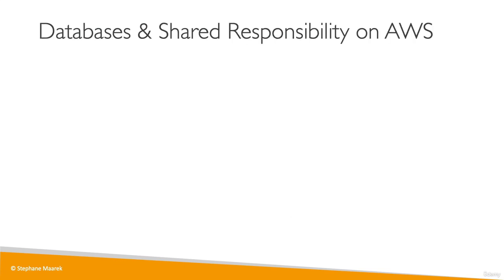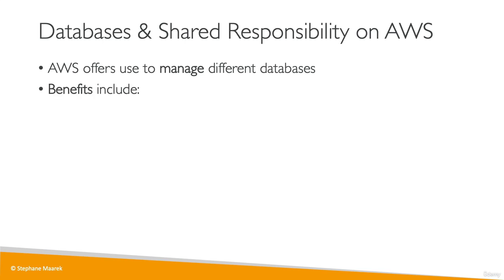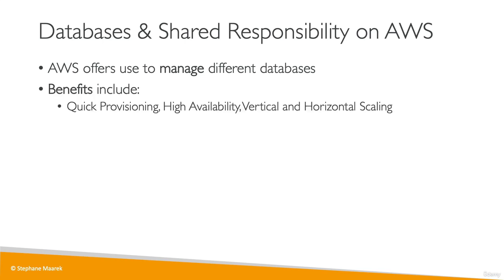Now just some words around databases and the shared responsibility model on AWS. AWS will offer to manage different databases for us, and these are the offerings we'll see. The benefits of using a managed database are that it's very quick to provision. Usually AWS will have high availability in mind when designing it. And if you want to scale your database, you can do vertical and horizontal scaling pretty easily.